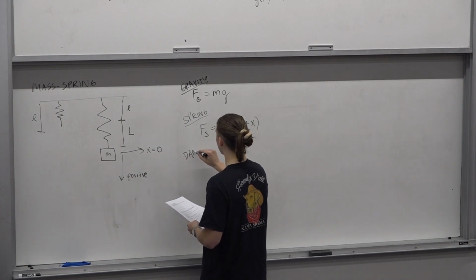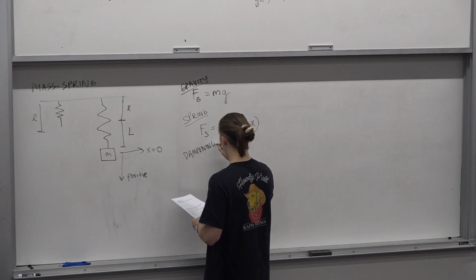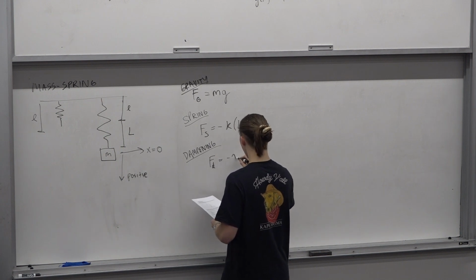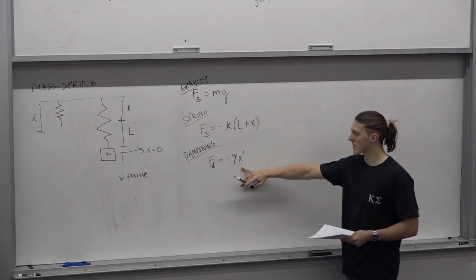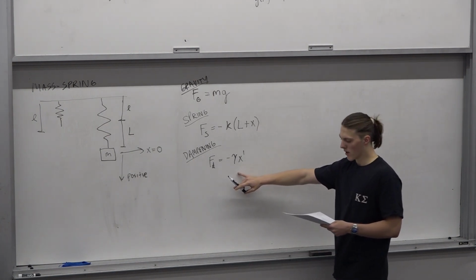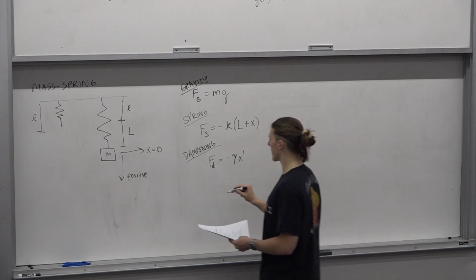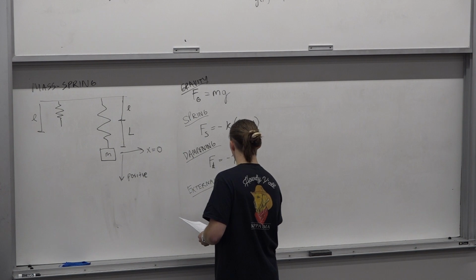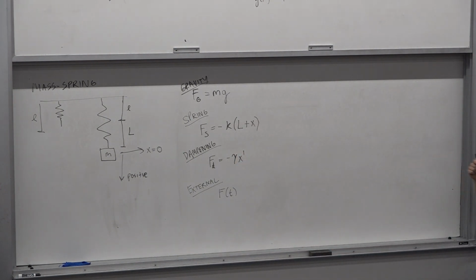We have a dampening force, where we have another coefficient, gamma here. And then finally, external forces, just some f of t. And this is essentially our g of x that we were working with before.